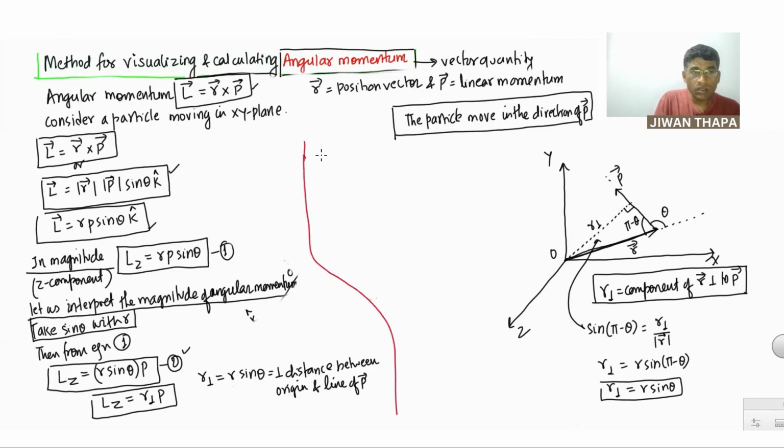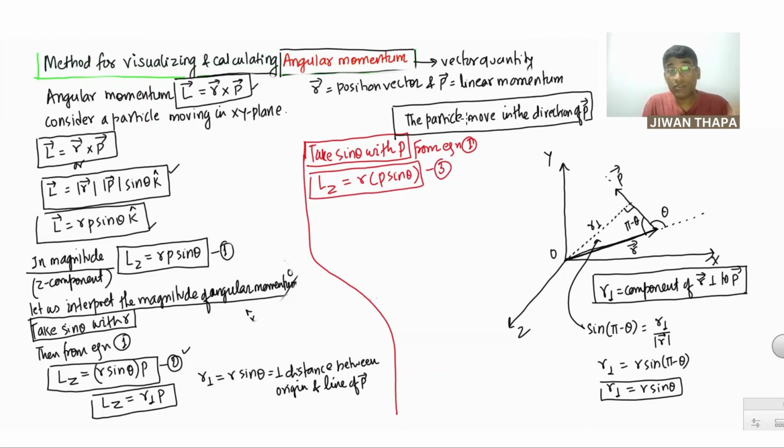Now let us take sine theta with P. So what we find from equation 1, we write Lz equals r P sine theta, and I'm keeping P sine theta inside the bracket. So let me write it in this way, P sine theta. Let us call it equation 3.